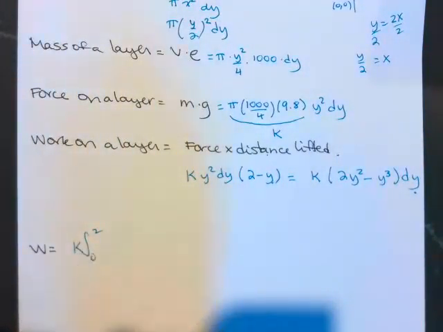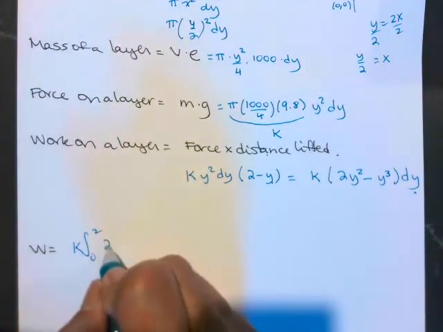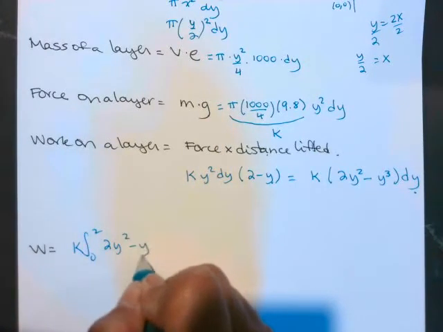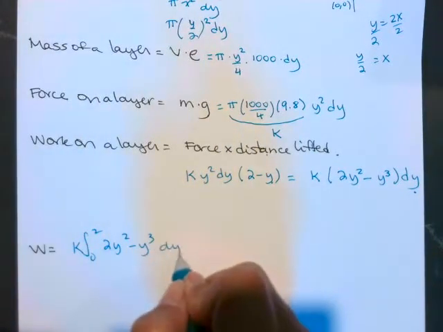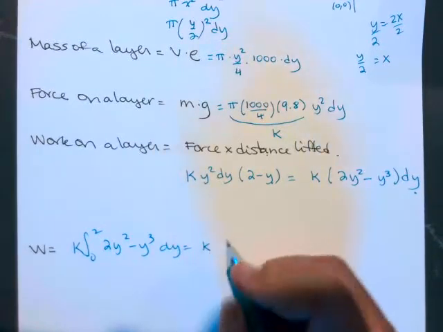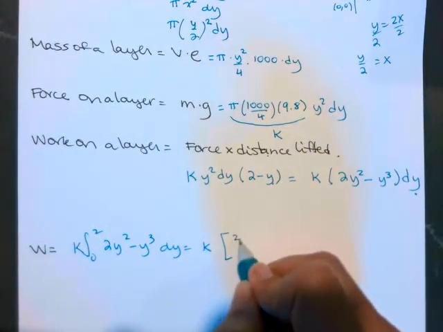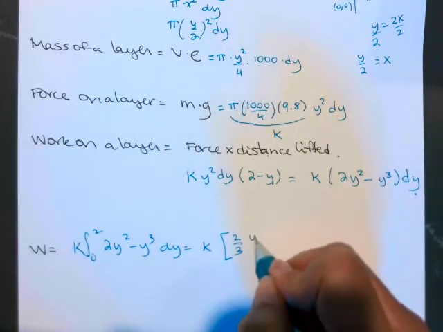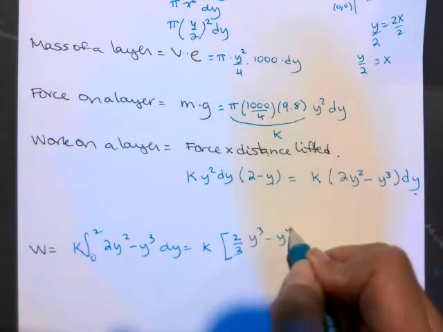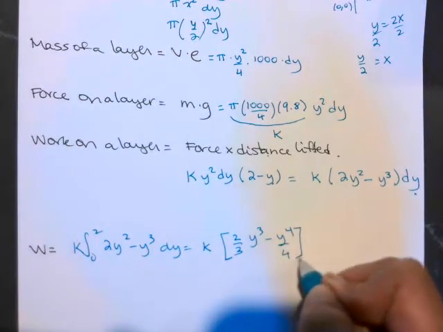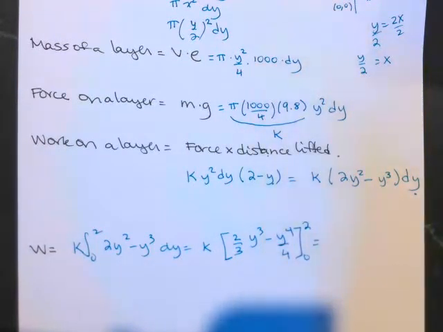I've got that k out front. We'll find its value in a second. The integral of 2y squared minus y cubed dy. Go ahead and use your power rule to find your antiderivative: 2/3 y cubed minus y to the 4th over 4, between 0 and 2.